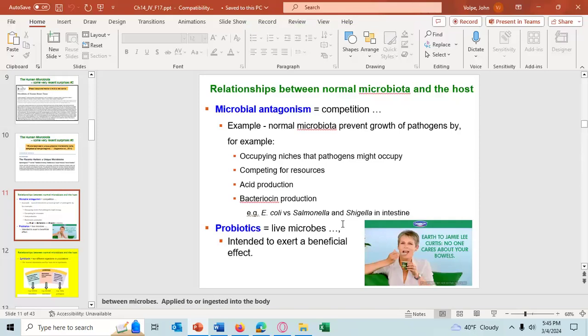So if you take an antibiotic, it will inhibit many of your gut normal microbiota cells. If, on the other hand, you were to take a bacteriocin, most of your normal microbiota in your gut would not be affected.